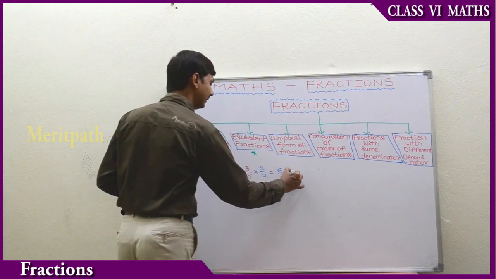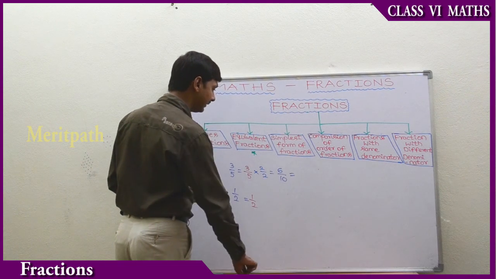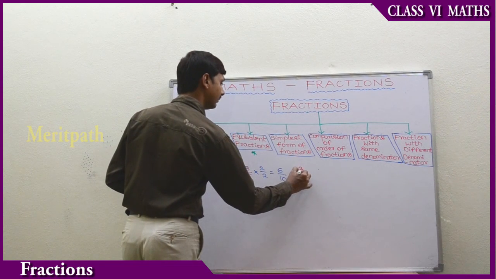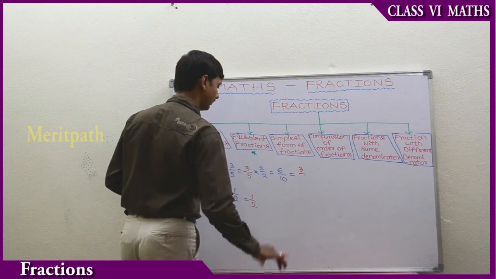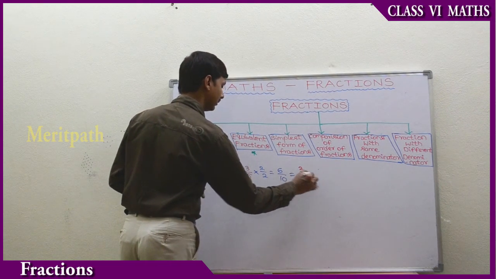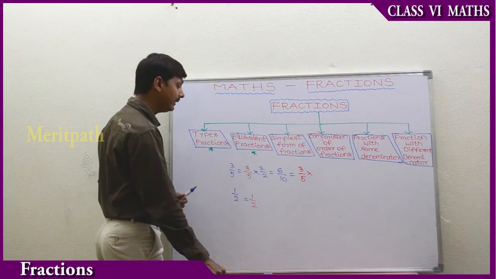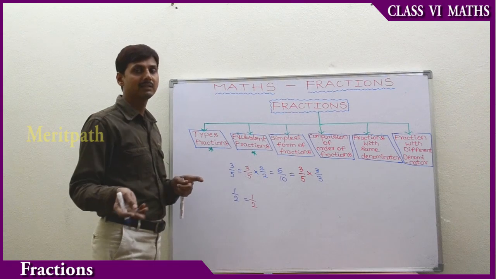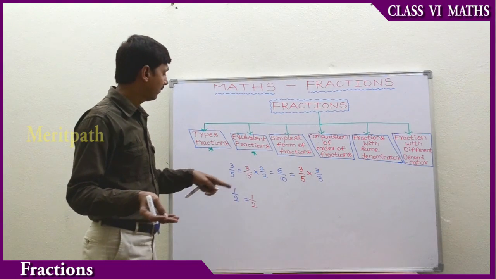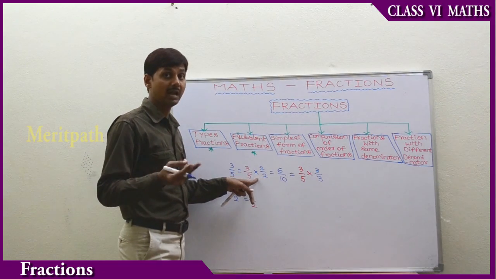For example, we'll take this 3 by 5 same as it is. 3 by 5. So we multiply 3 by 5 with 3 by 3 again, because if we multiply with 1, we'll be getting the same fraction. Already we have taken 2.